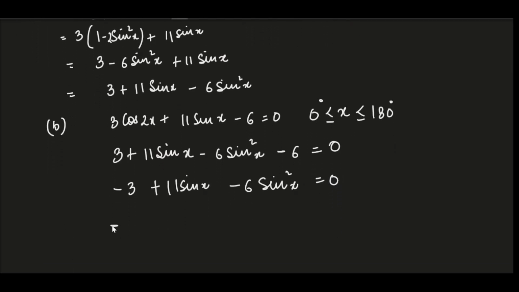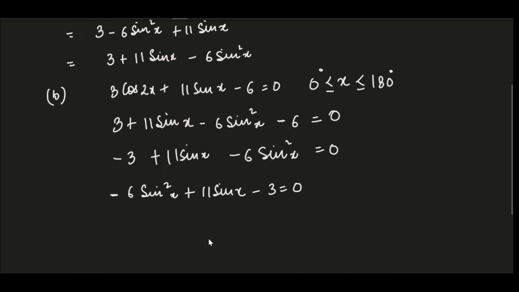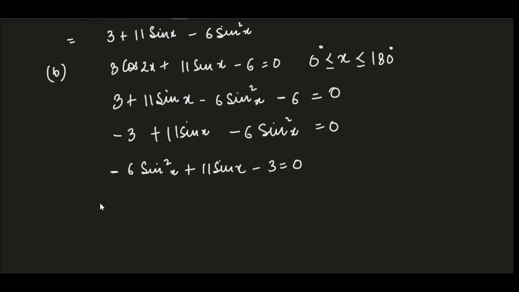After rearranging, it becomes minus 6 sine square x plus 11 sine x minus 3 equals 0. Now I'm going to multiply this whole equation by negative 1, so it will become 6 sine square x minus 11 sine x plus 3 equals 0.